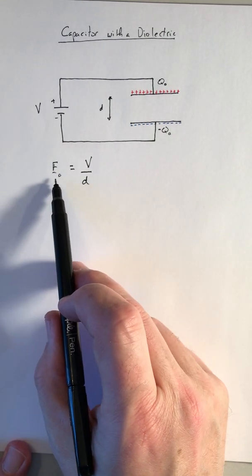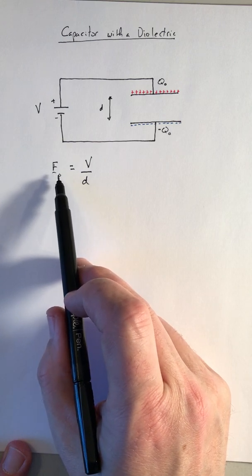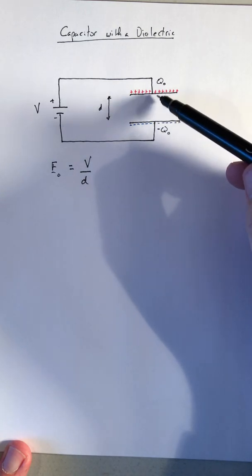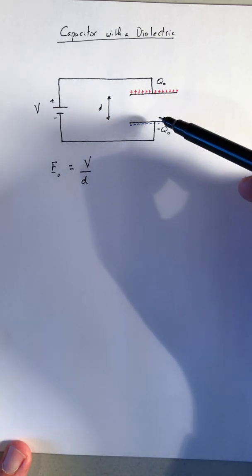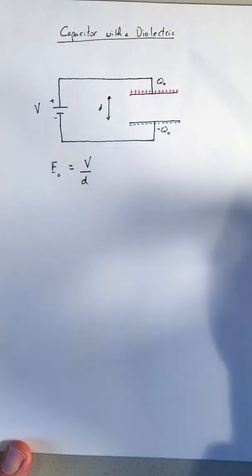Now, if this value of the electric field is too large, then the air in the gap between the plates will break down. You have a conducting path, and the negative charges will just jump over and short out the positive charge.